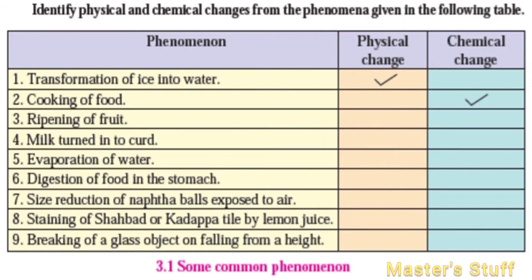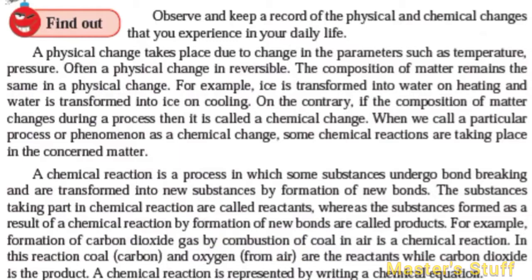There is no chemical involved in this process. Thus, it is a physical change. A physical change takes place due to change in parameters such as temperature and pressure. Often, a physical change is reversible, but it may be irreversible as in the case of breaking of glass.